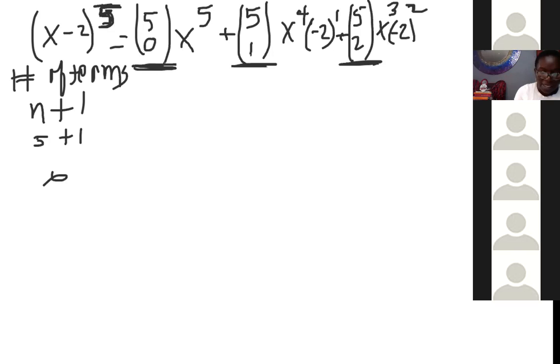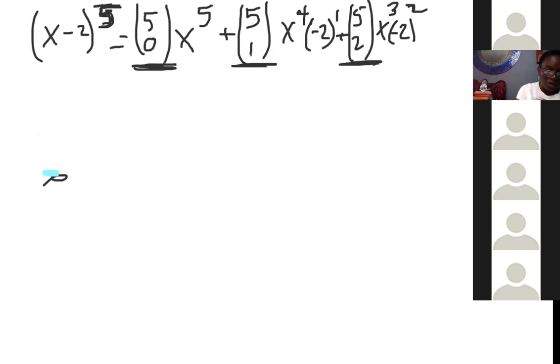Now, the only thing I added here in comparison to the last problem is the coefficient. When you plug in the coefficients, which is what's underlined over here, you're going to do n choose j, where n is the power of the binomial, and I'm going to use j for the power on the second term of the binomial.